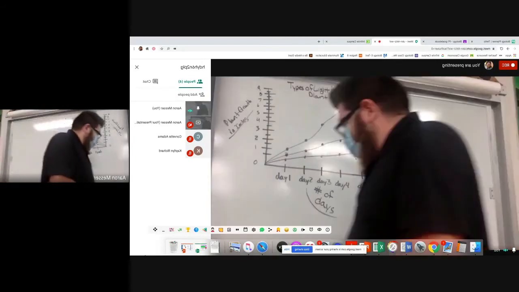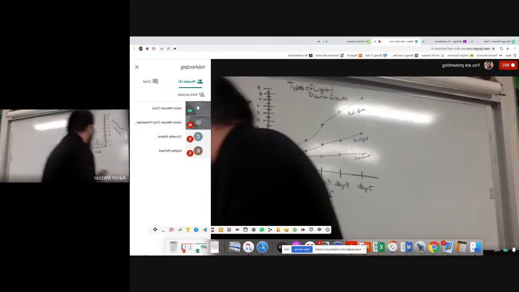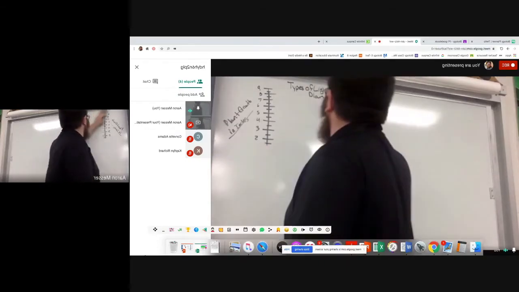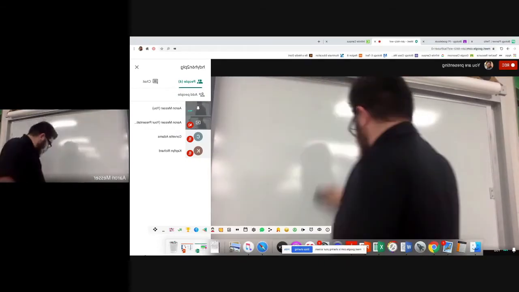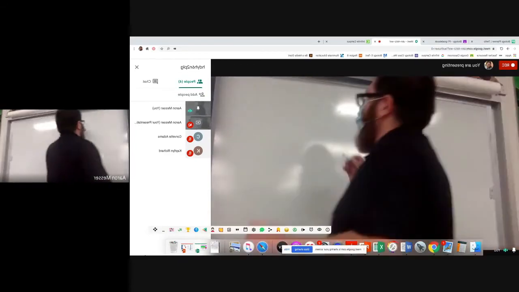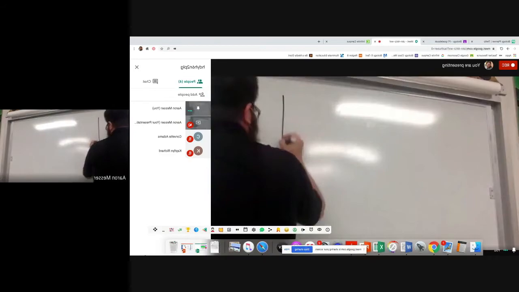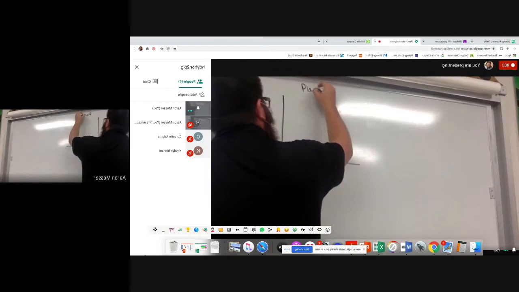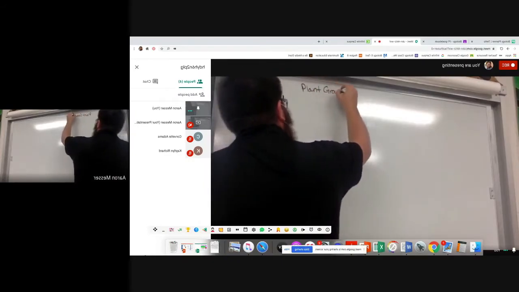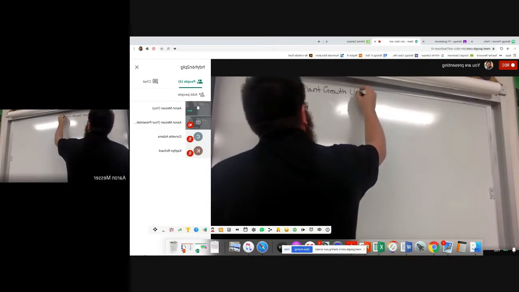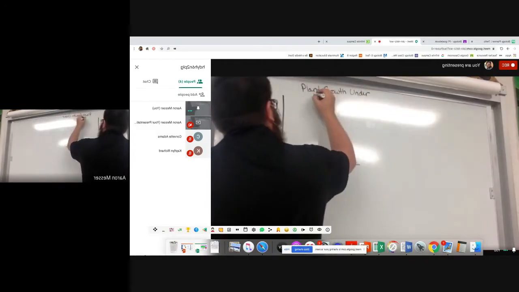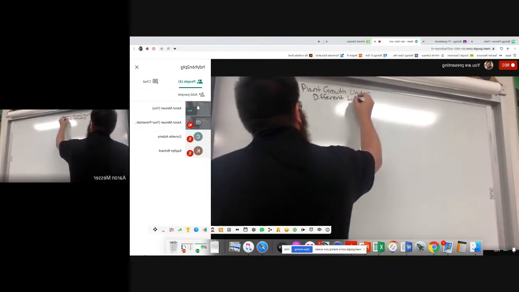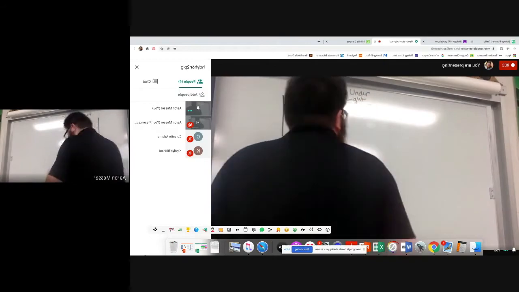There would be another way to do this if we did a bar graph, except we wouldn't do it over time. We would do it in total. How could we put this data in a bar graph?